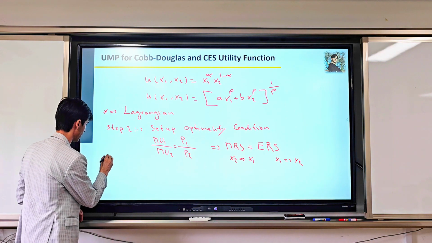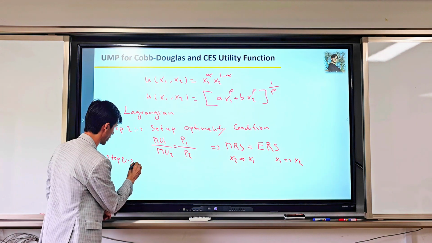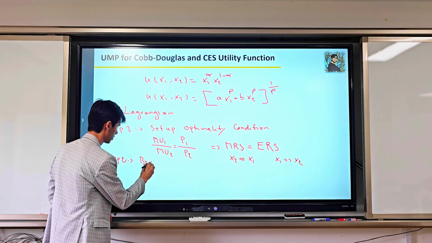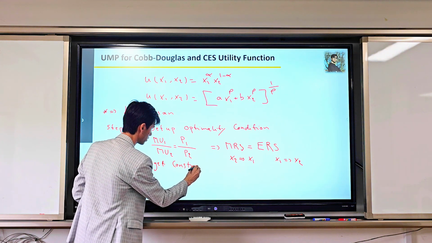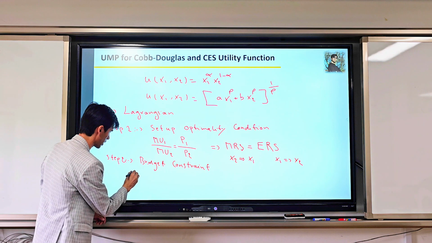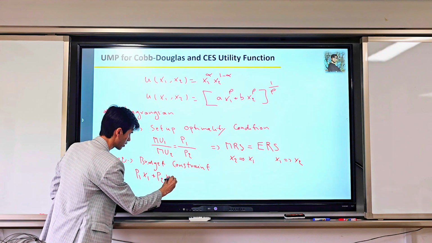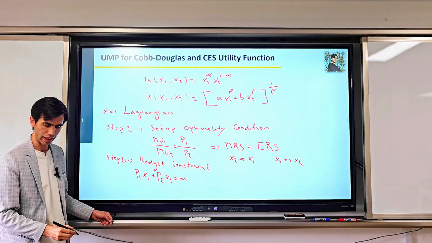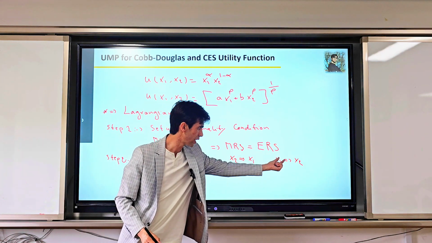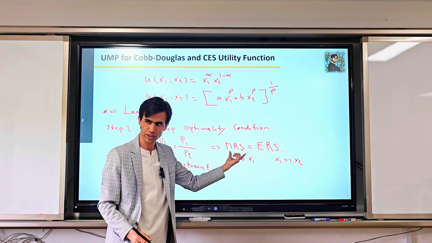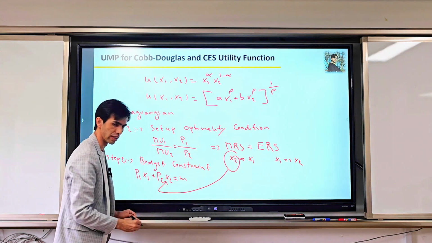Then the second step is to use our budget constraint. In our budget constraint, we have P1 x1 plus P2 x2 is equal to M. When we found x2 in terms of x1 or x1 in terms of x2 from this optimality condition, then we can substitute that into here.